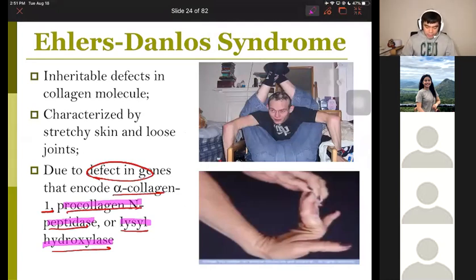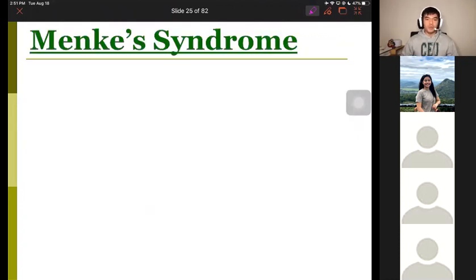Anong importance ng pro-collagen peptidase? Di ba ang peptidase, siya yung nagtatanggal ng registration peptide sa gilid. Naalala niyo yung kanina? Important siya for the process. And then lysyl hydroxylase is also important for hydroxyproline formation or hydroxylysine formation. So that's why pag merong abnormality sa mga enzymes na yun, that could result in Ehlers-Danlos syndrome.